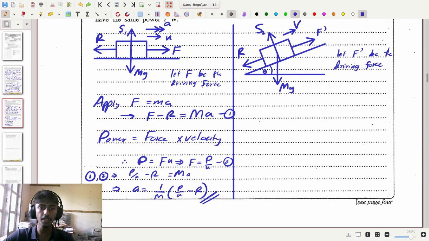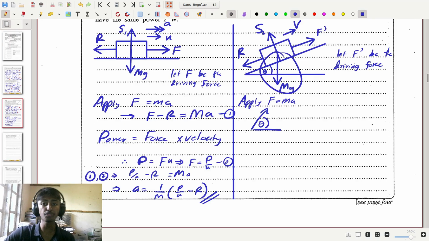So I'm going to apply F equals ma in the direction up the slope, so in this direction. Doing so, up the slope I have F dash, down the slope I have r, and also down the slope I have a component of the force mg.